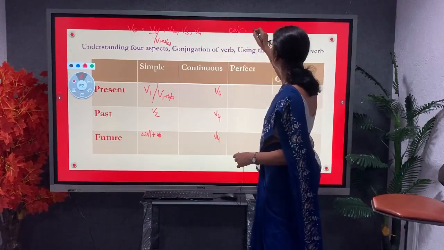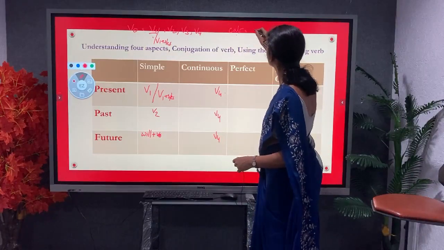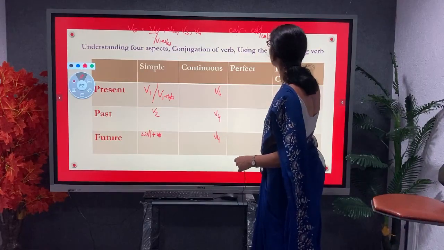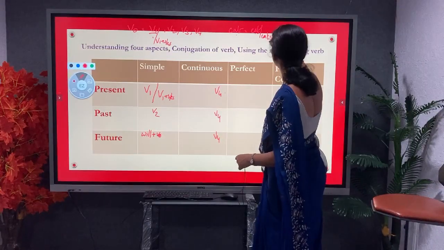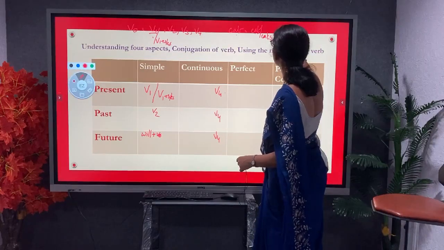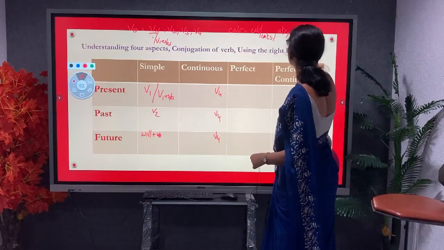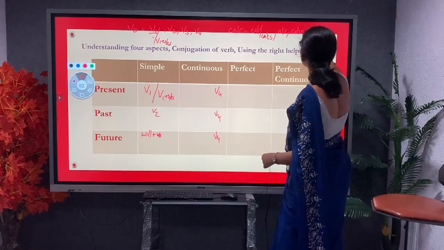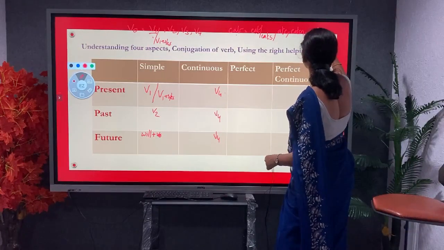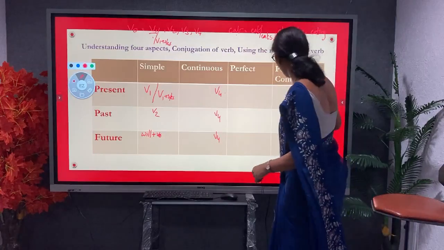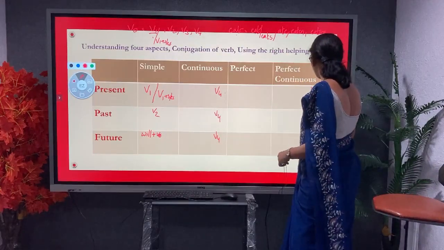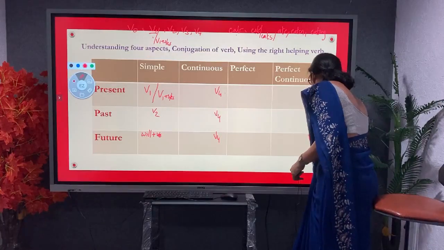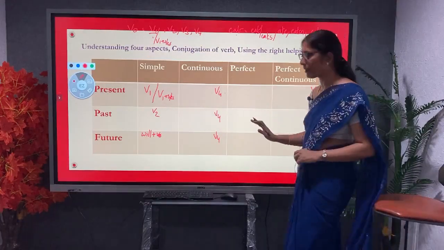V1 means eat or eats, V2 means ate, V3 means eaten, V4 means eating. So all continuous, and perfect continuous also, take V4. I will talk about the helping verbs later.